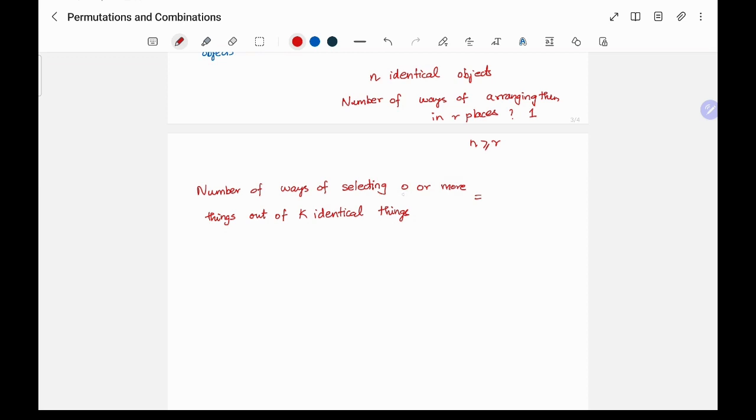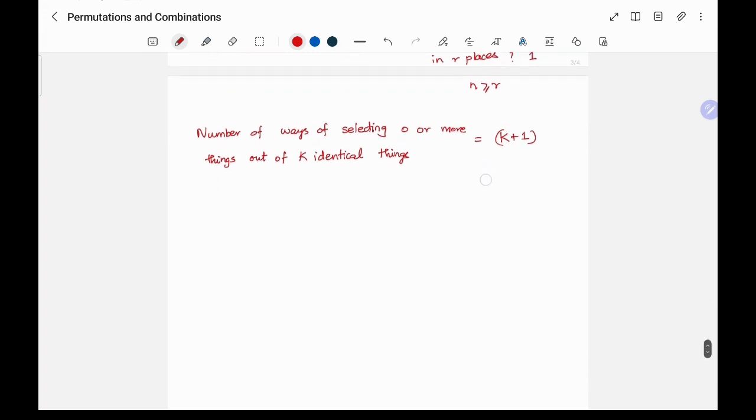Number of ways of selecting 0 things out of k identical things is 1 time. Selecting 1 will be again 1 time. So selecting 2 will be again 1. So like this it will be repeated. This is for 0, this for 1, this for 2, until it reaches k. So the total number of ones is k plus 1. So this will be the number of ways of selecting 0 or more. So maximum we can go up to k, right? Because there are k identical things.